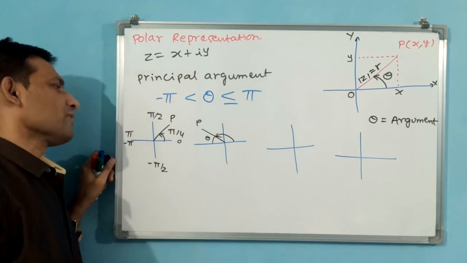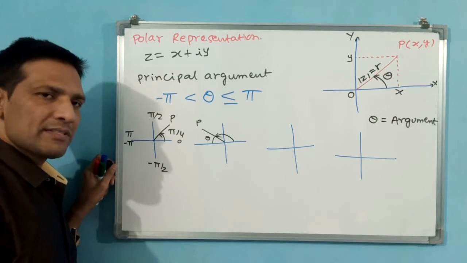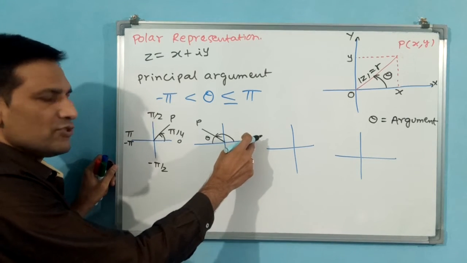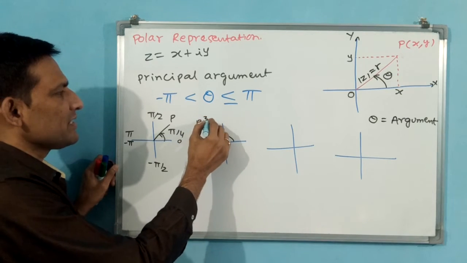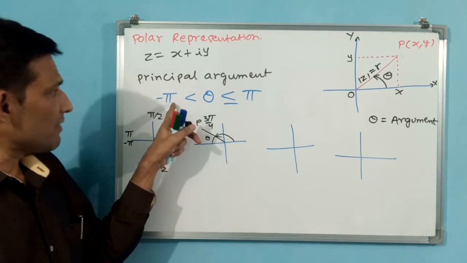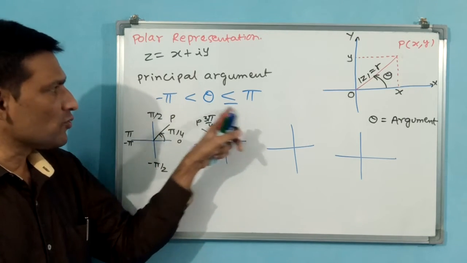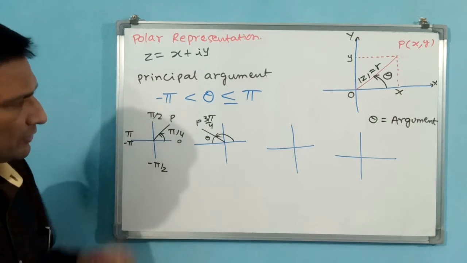Don't confuse. Now you say this is approximately how much. See, 0, pi by 4, 2 pi by 4, 3 pi by 4, approximately 3 pi by 4 is there. Can we write 3 pi by 4? Yes, definitely we can write. Why? Because it is within minus pi to pi.